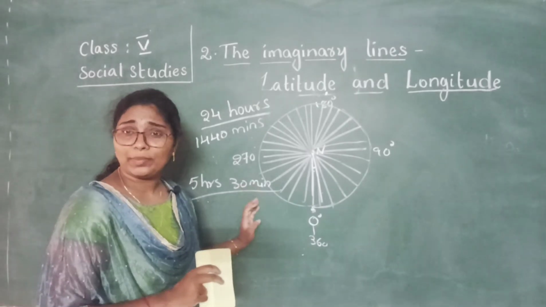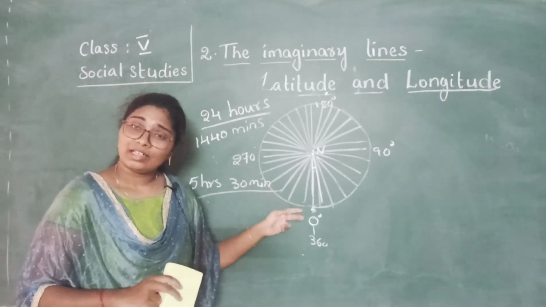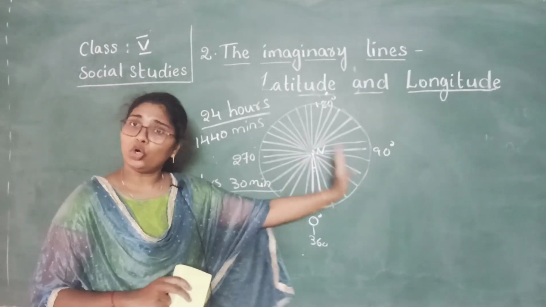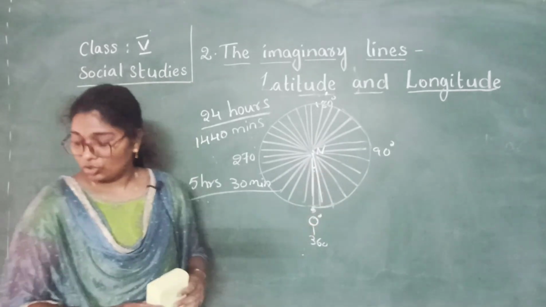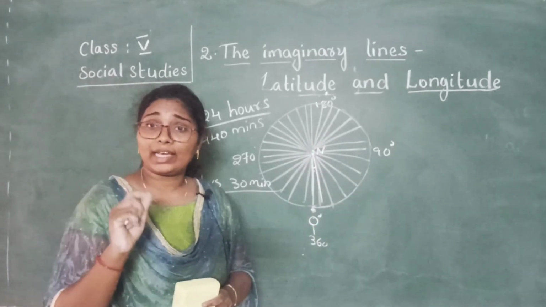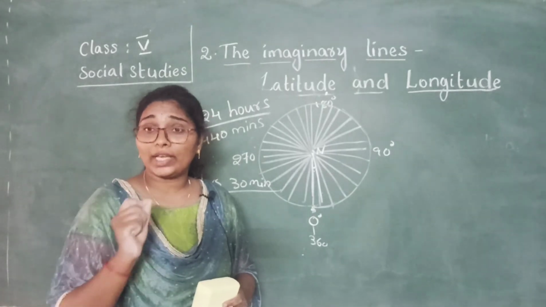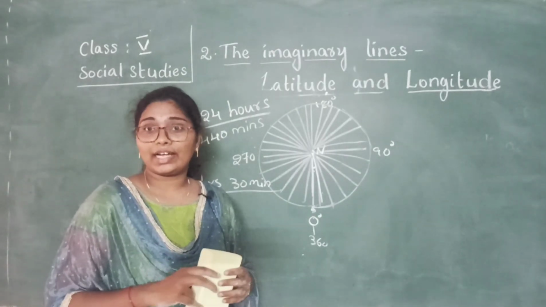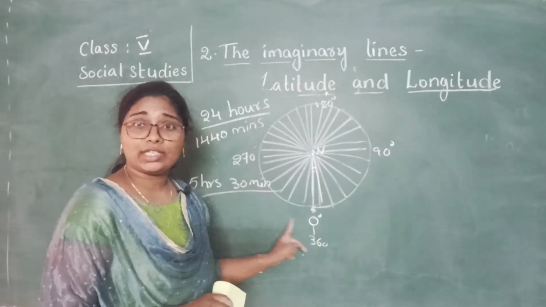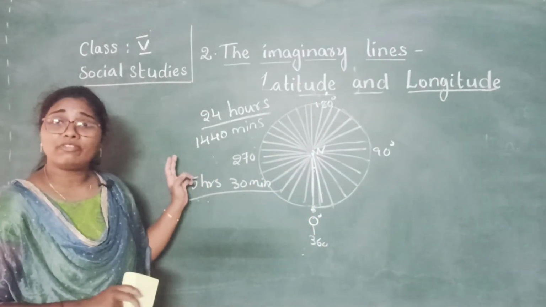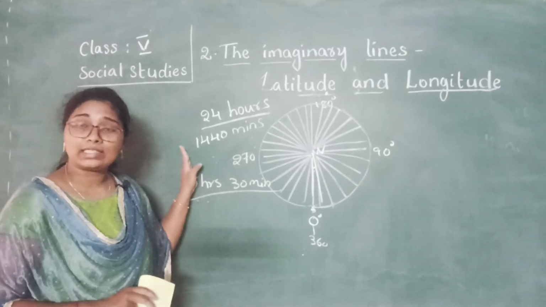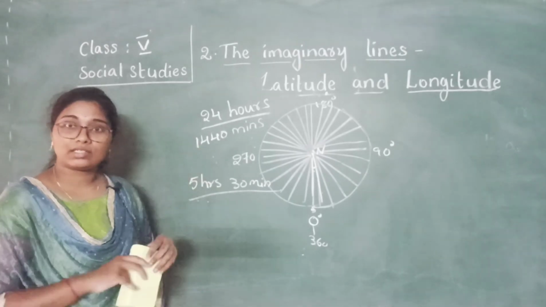So this is the time difference between Greenwich, London to India. So for each longitude it is 4 minutes. The time difference between each longitude is 4 minutes. So for a complete rotation it will take 1440 minutes. Like complete 24 hours, 1 day.